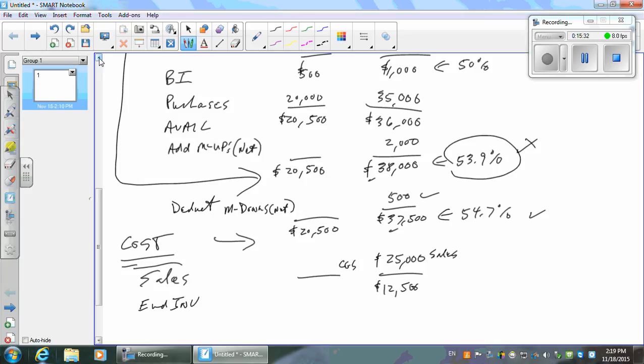What do I do if I'm using the lower cost or market method though? I take the 12,5 times what? The first one. You got it. Okay? So for lower of cost or market, what's my ending inventory? At cost, I would take 12,5 times 53.9%.